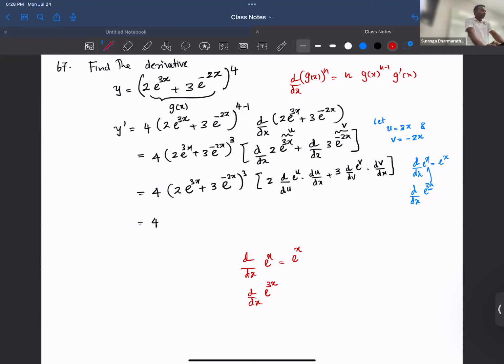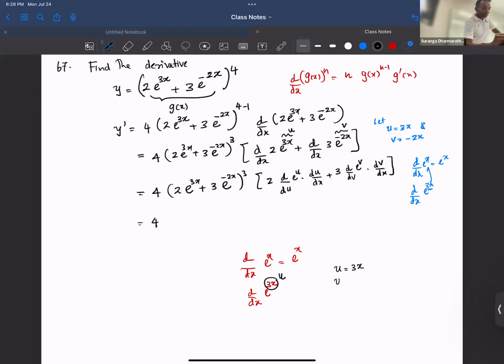It is difficult to find that directly. But what I can do is, if I had something like u instead of 3x here, that means I took u equal to 3x.